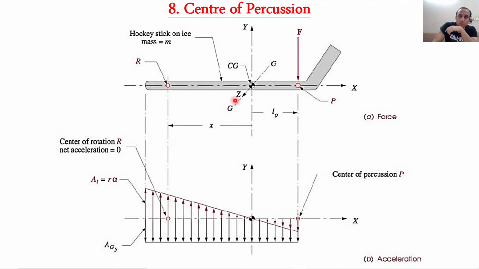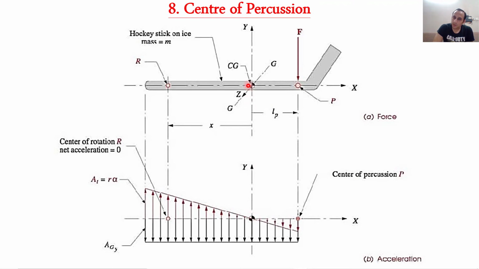Linear acceleration of the point G. Whereas the red arrows show the tangential acceleration. At any point we have the combination of these two accelerations, which gives the complex motion to the ice hockey stick. But at a few points, like this point, there is no rotational component.